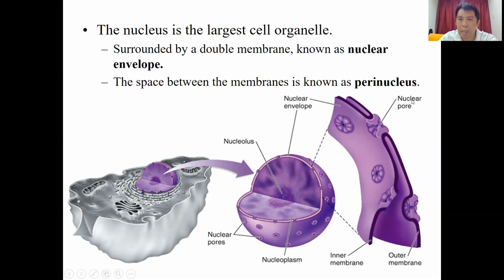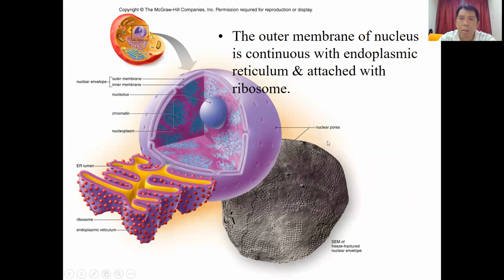There are nuclear pores in the nuclear envelope, and the space between the two membranes of the nuclear envelope is known as the perinuclear space. The region within the nucleus is known as the nucleoplasm. The outer membrane of the nucleus is normally continuous with the endoplasmic reticulum and attached with ribosomes, which is the RER, the rough endoplasmic reticulum.